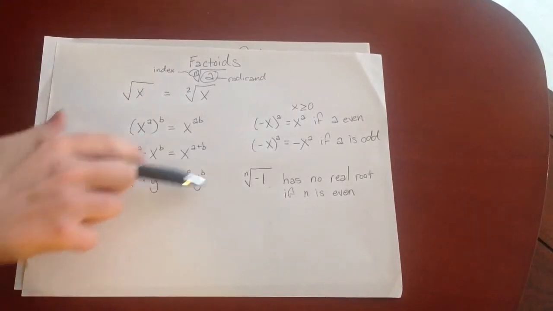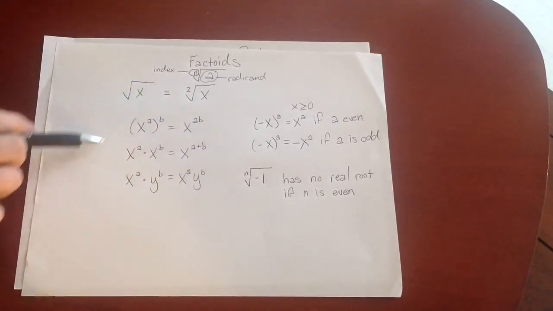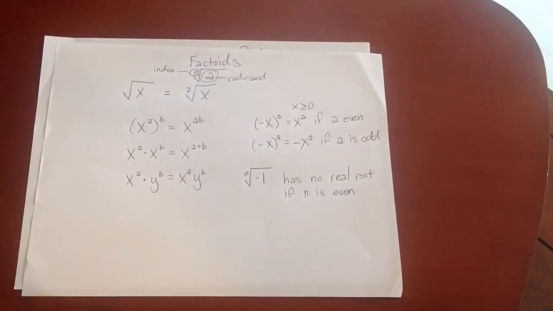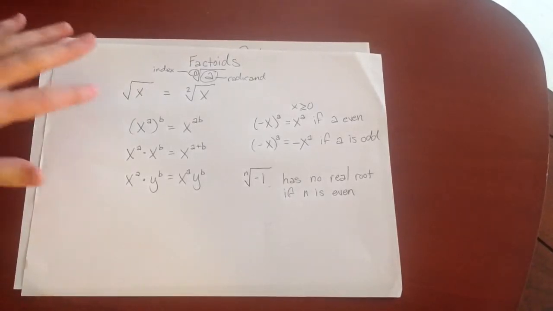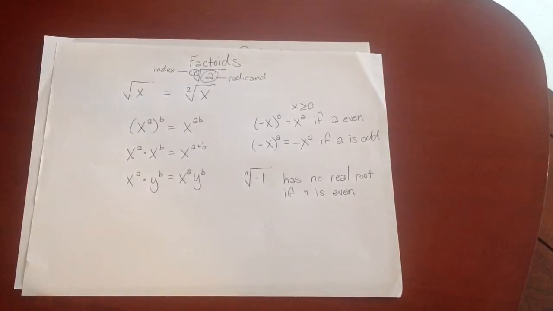These are old things that we should have picked up before, but if you haven't, here they are again. (x to the a) to the b is the same as x to the a times b.